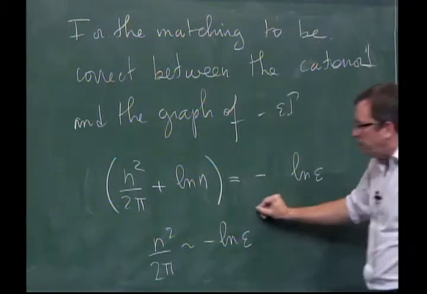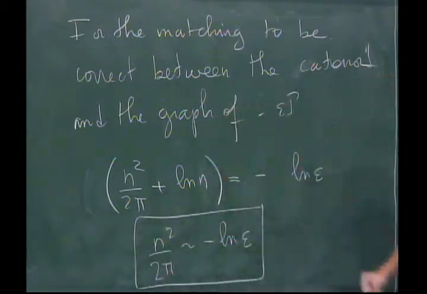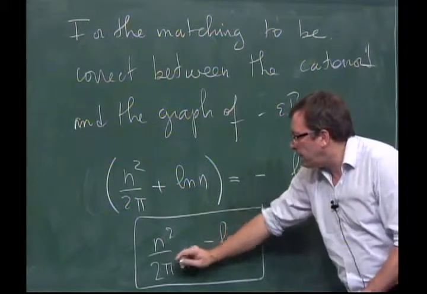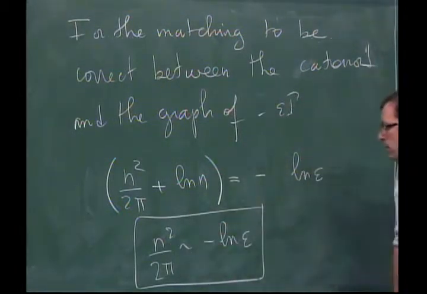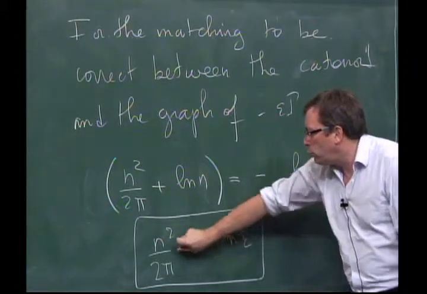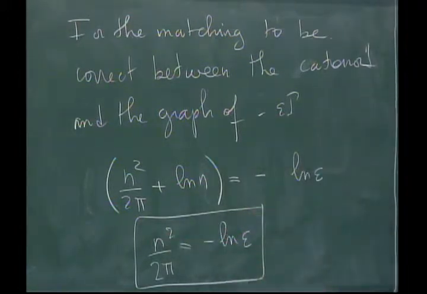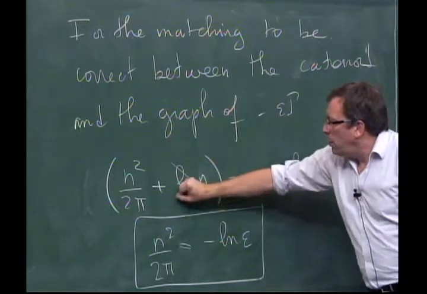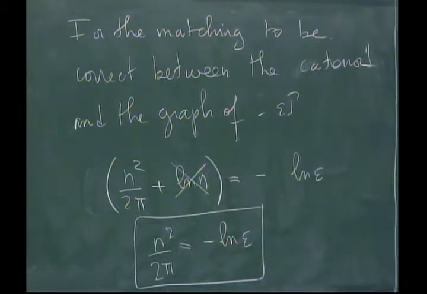So you can take epsilon to be exactly equal to exponential minus this. And you can neglect this one.